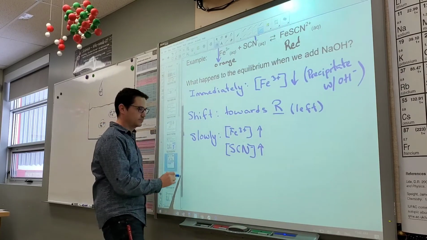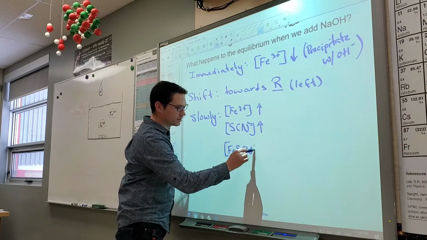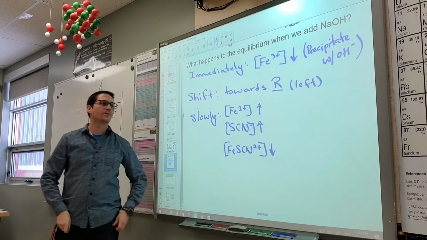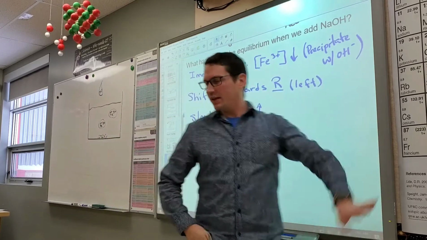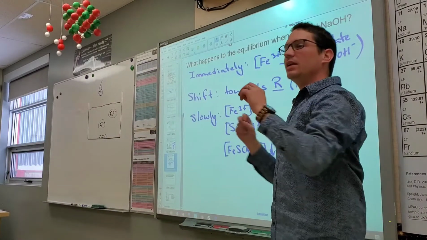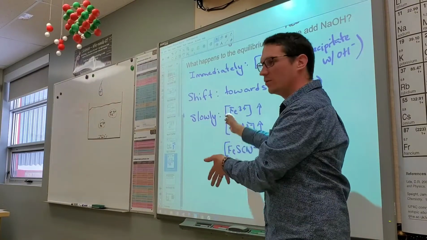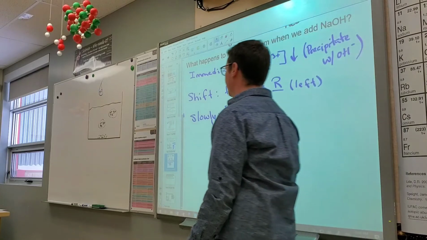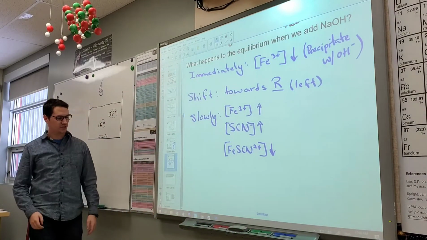Our concentration of iron thiocyanate decreases. Does this way of thinking, the immediate change and then the slow shift, kind of make sense? Okay, hopefully. I'm trying a new way of organizing the information for Le Chatelier's principle.